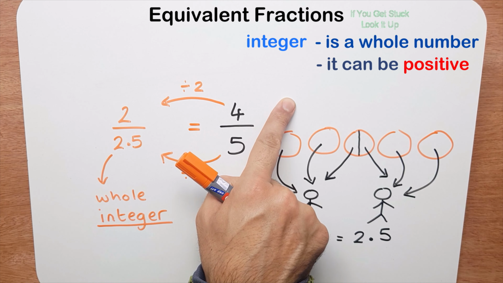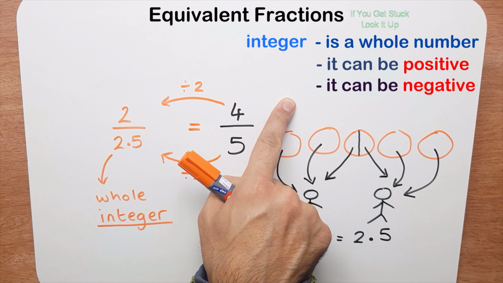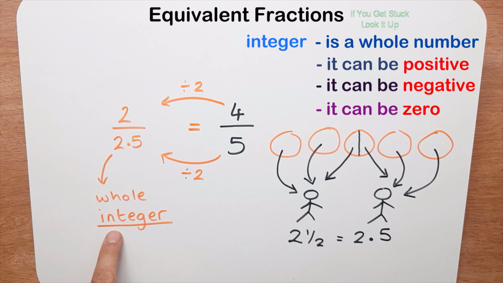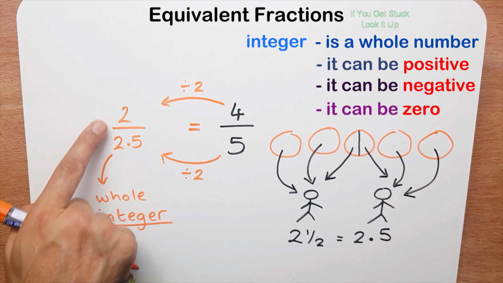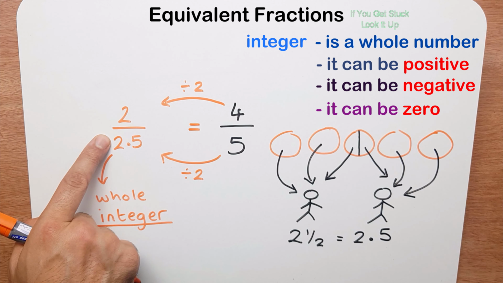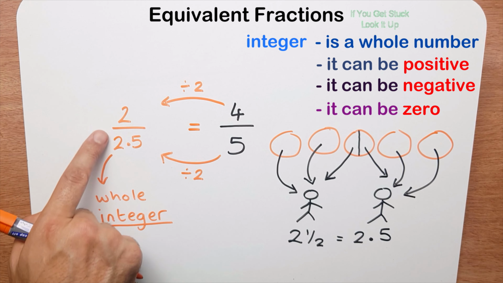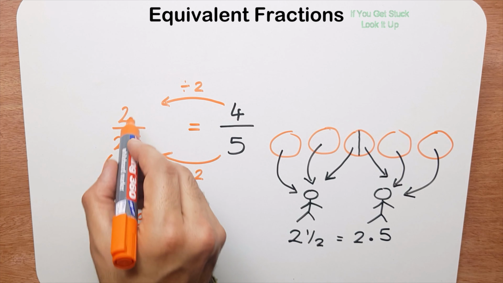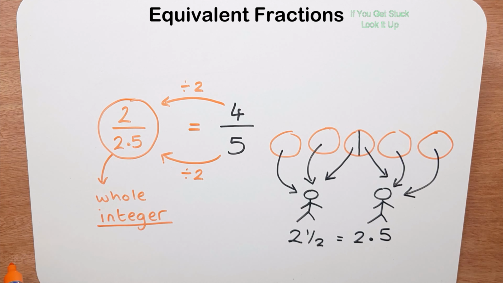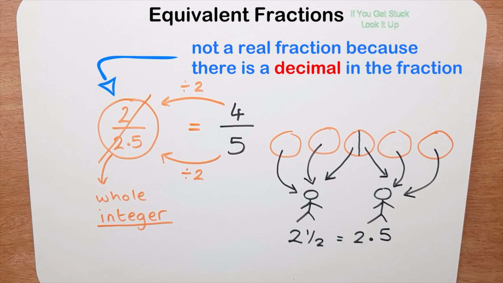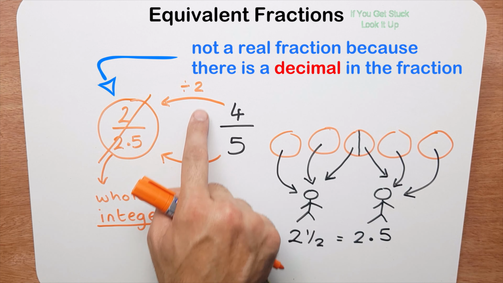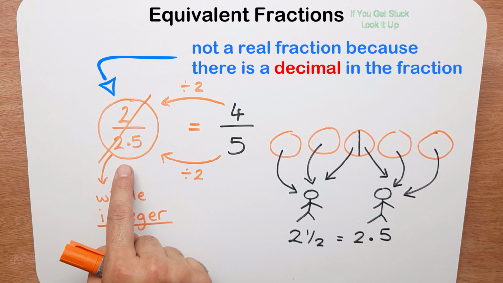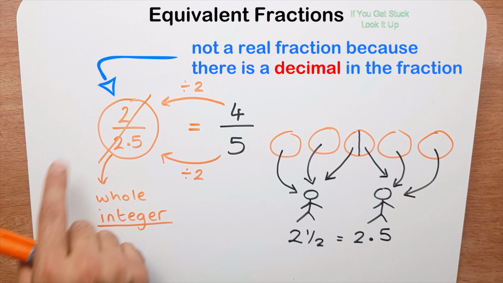It can be positive, it can be negative, or it can be 0. So please learn this. Back to this, 2 and 2.5. This is not a proper fraction because you've got a decimal number. So this number here we can't have. It's not a proper fraction. We can't divide our fractions where it's going to give a decimal point. They have to be whole numbers.